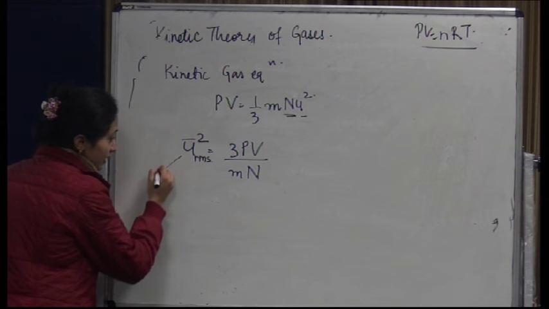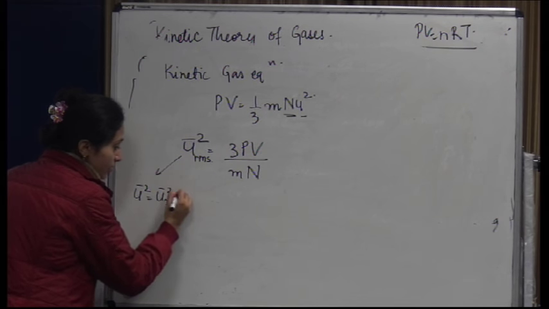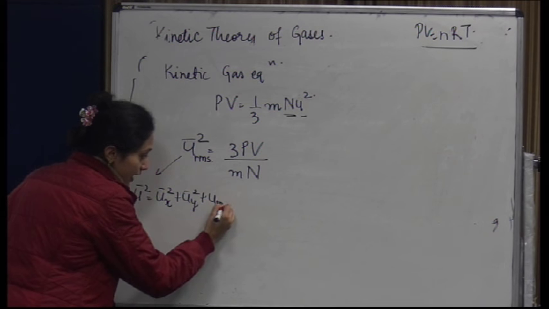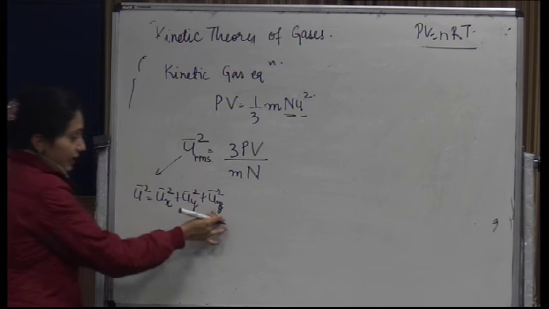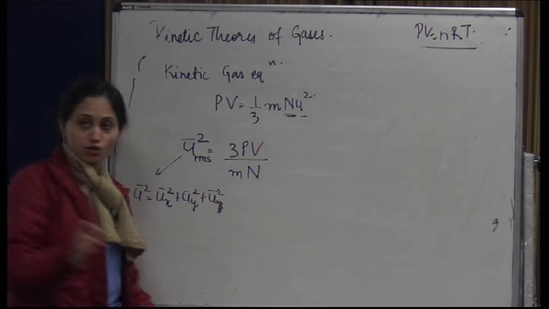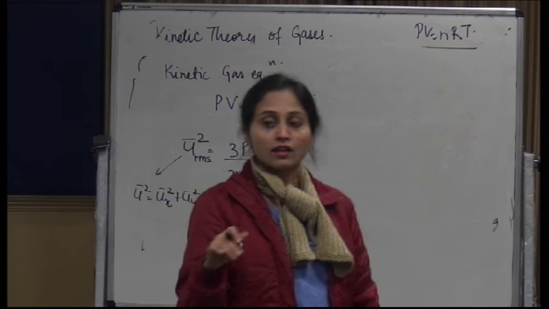Because I told you that u bar square is nothing but equal to ux square plus uy square plus uz square, and it is not exactly the average, but rather a combination of all the speeds in all the 3 dimensions.